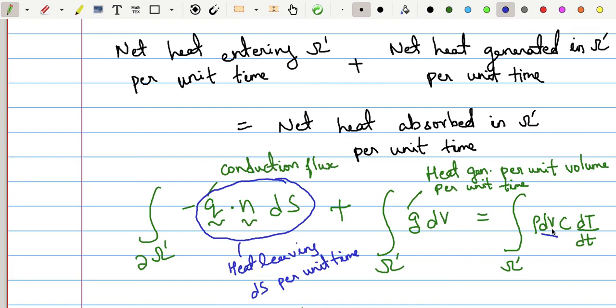It will be simply rho dV into C, the specific heat of the material. But what will be the change in temperature of the material per unit time in a general case?